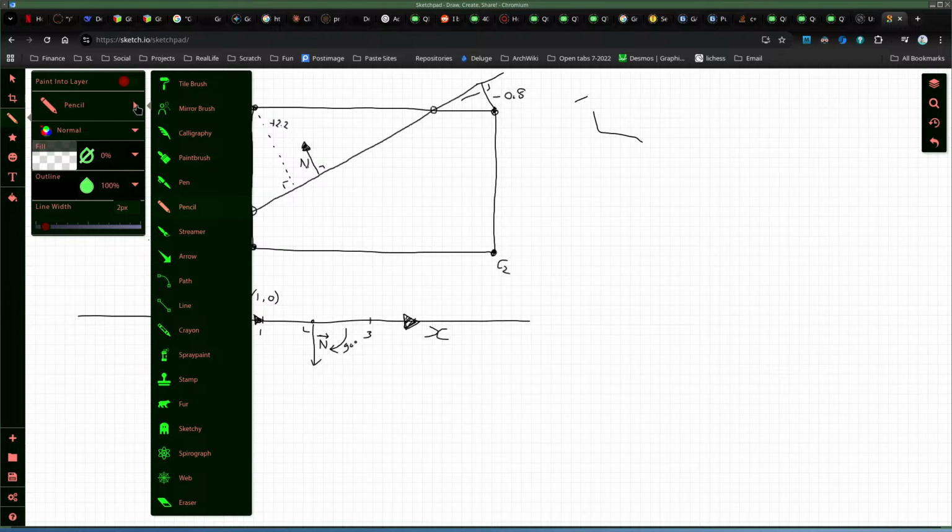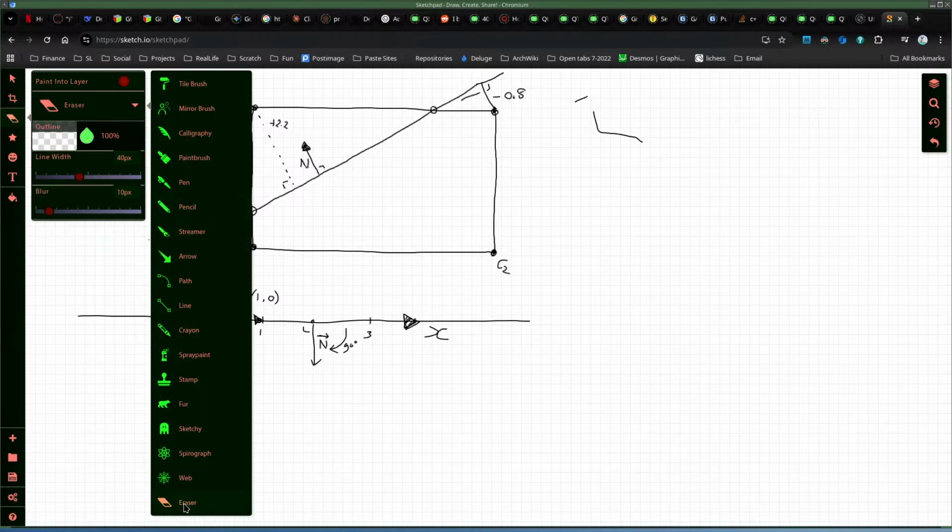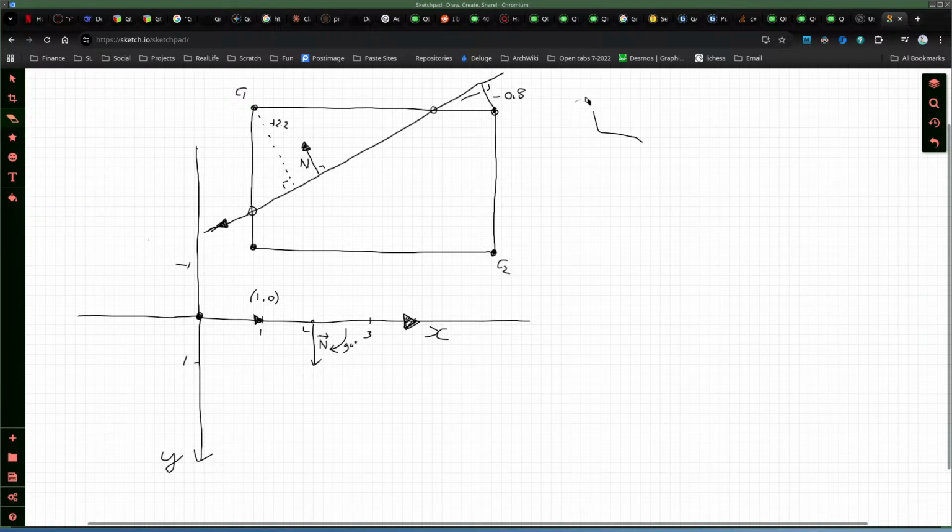You can pick an eraser. It's a bit fuzzy brush. Big fuzzy brush.